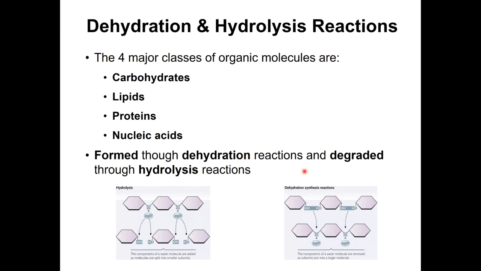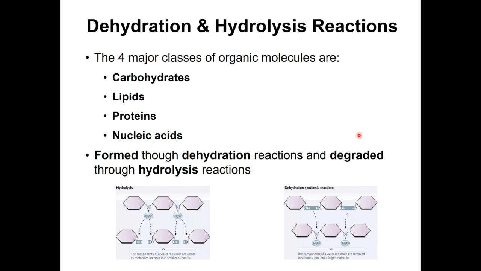The formation of these molecules is done through dehydration synthesis. This is called dehydration because the joining of two molecules or two groups in the monomers leads to the formation of a water molecule.